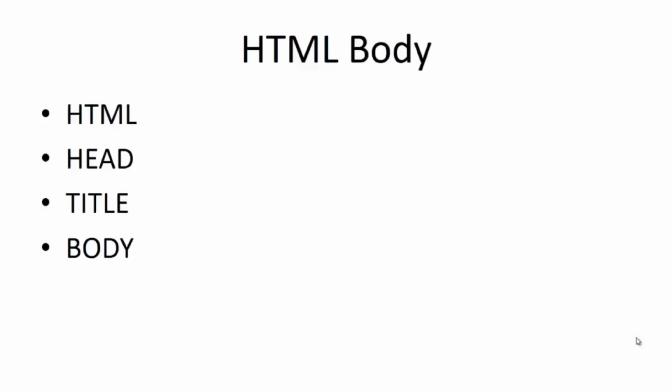Now, before I move on to video number 2, we are going to talk about the basic structure of an HTML body. Whenever you create a new HTML page, at the top you're going to have an HTML tag, and think of it as wrapping around everything. Right underneath the HTML, you have the head. So this is kind of saying, okay, this is an HTML page, and the next thing you'll see is the head.